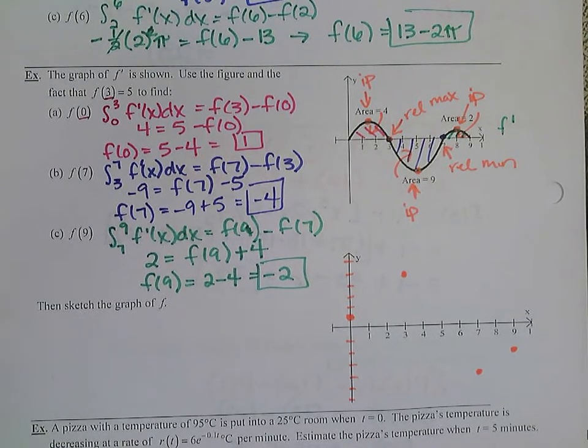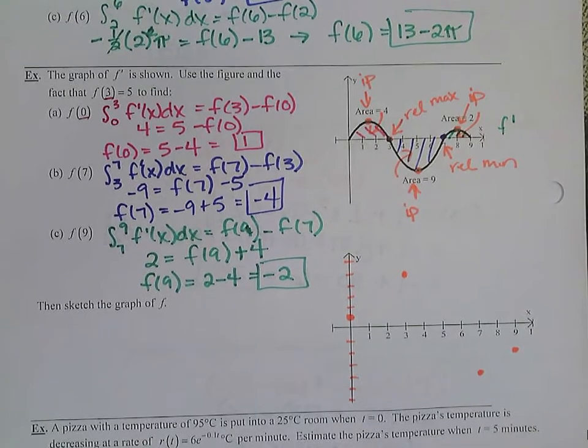Last semester, we knew where the high points were. We knew where the low points were. We knew the intervals of concavity and the inflection points. We just didn't know how high the high points were, how low the low points were. But now we do, because we know that we can use the area under the curve to figure that out exactly.